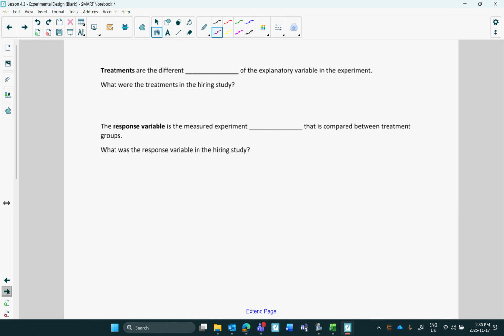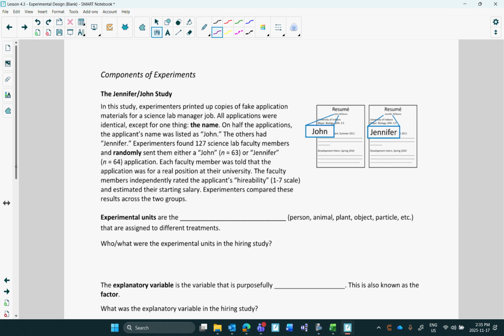Okay, so here is an experiment. It's called a study, but it's actually an experiment. In this study, experimenters printed up copies of fake application materials for a science lab manager job. The applications were completely identical except for one name. Half the applications said John, the other half said Jennifer. Everything else was the same.